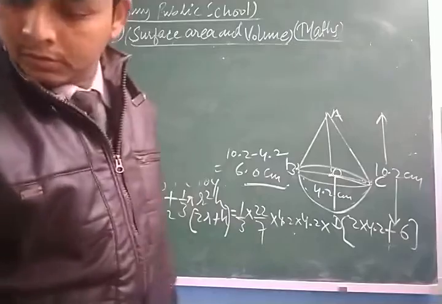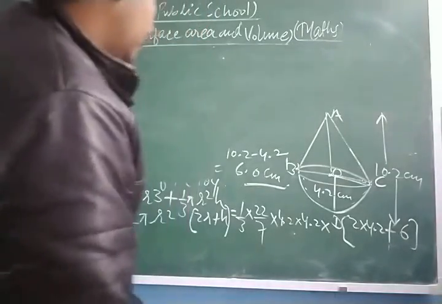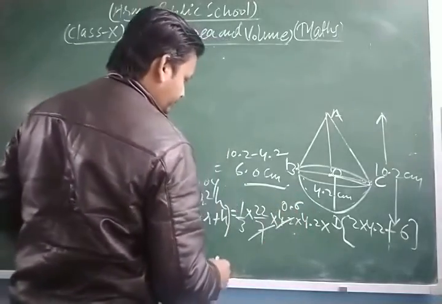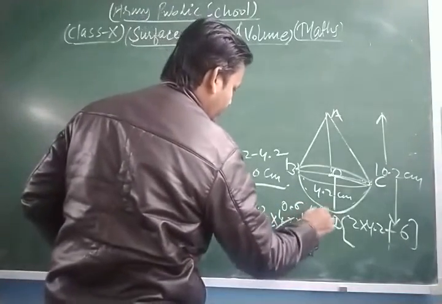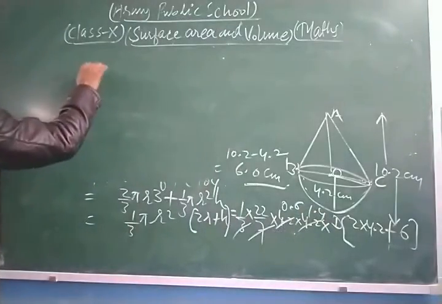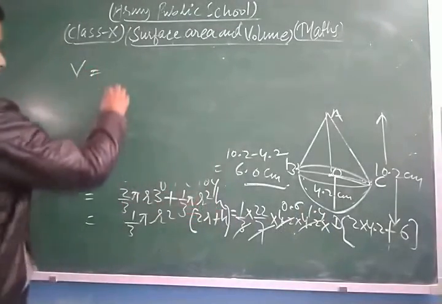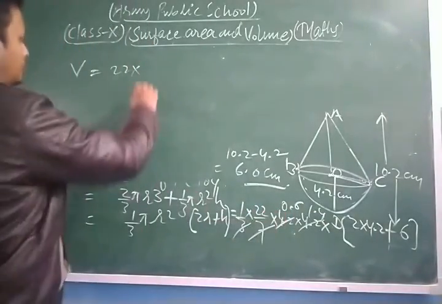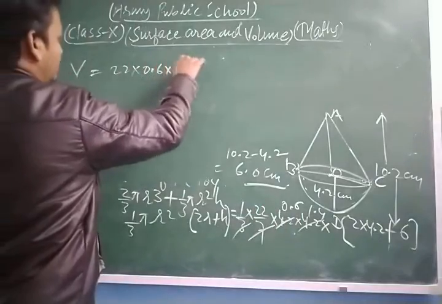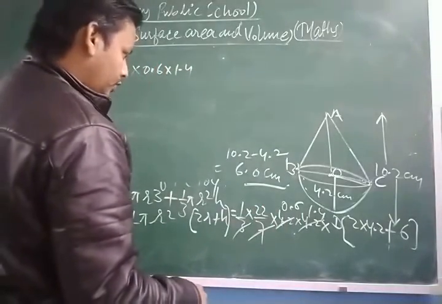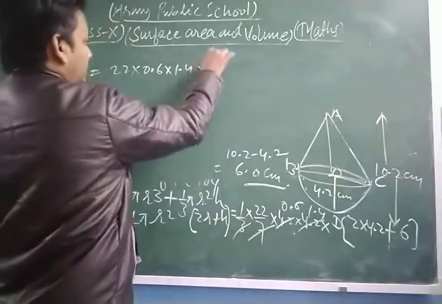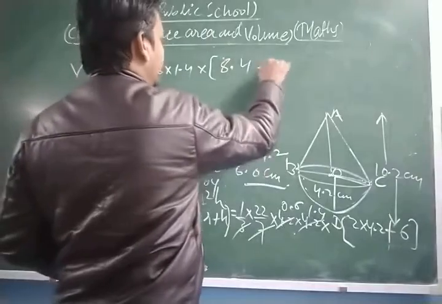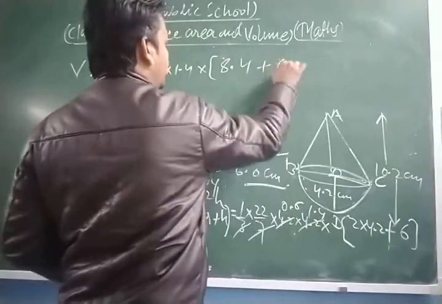Now look, this is 0.6 and 1.4. Now the total volume of the toy is 22 into 0.6 into 1.4 into 1.4, in bracket, 8.4 plus 6.